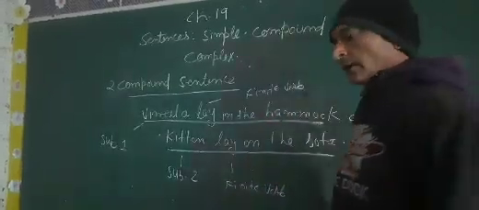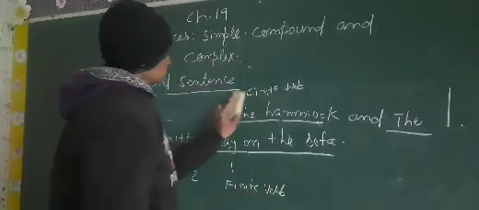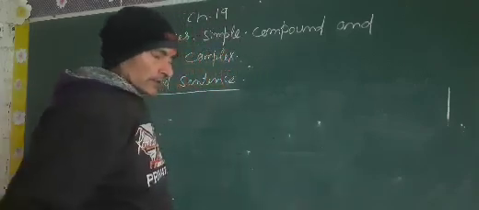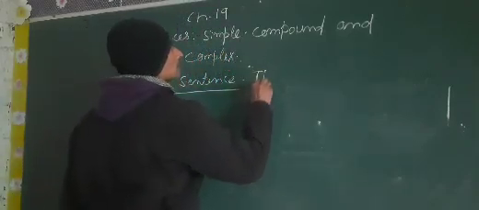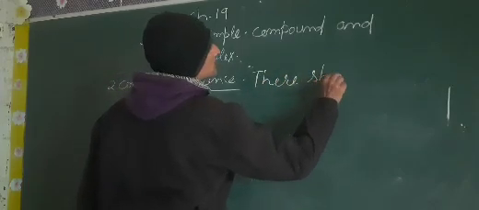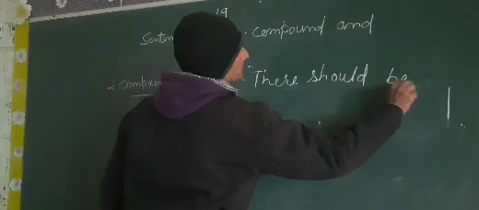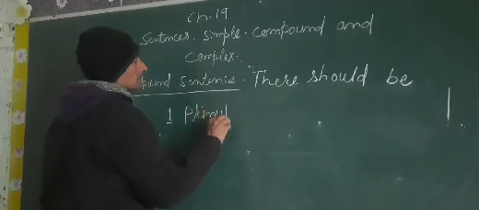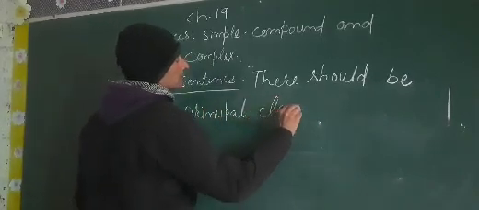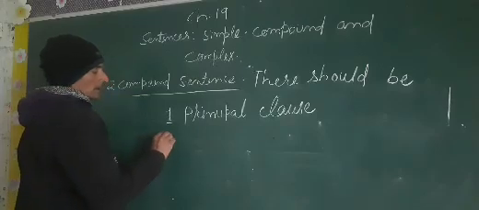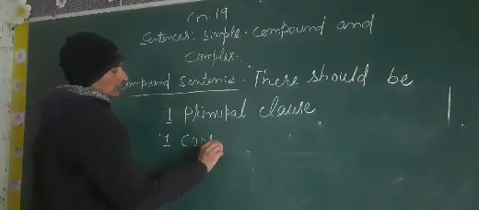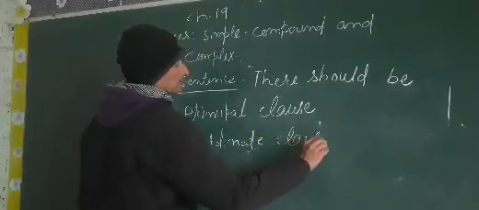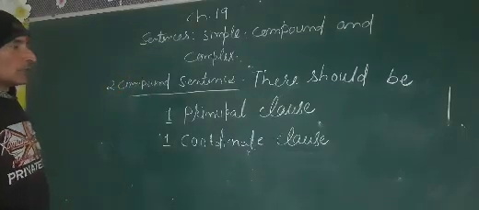So we come to know that in a compound sentence there should be one principal clause and one coordinate clause.